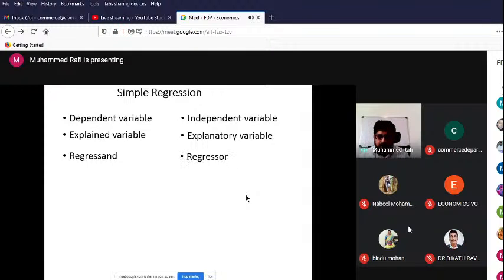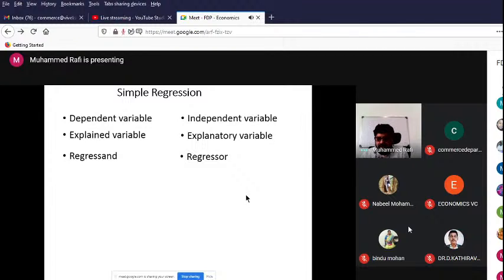The basic purpose is to understand how the dependent variable will change when there is a change in the independent variable. When there is a 1 unit increase in the independent variable, how much will be the increase or decrease in the dependent variable?